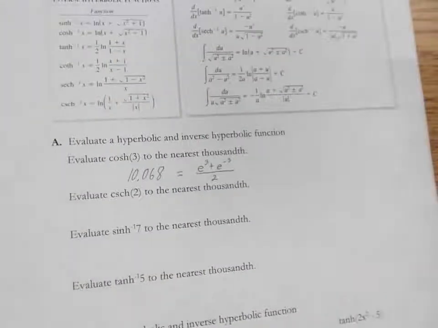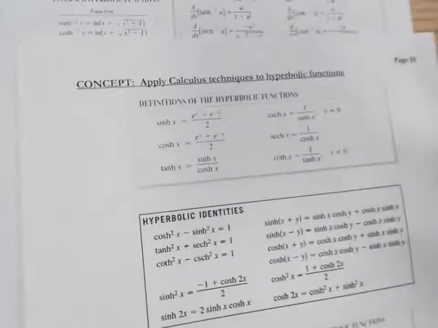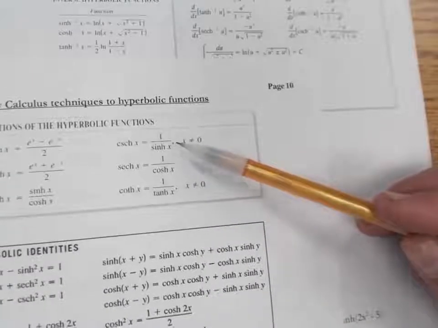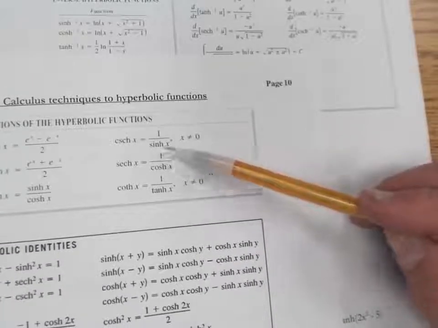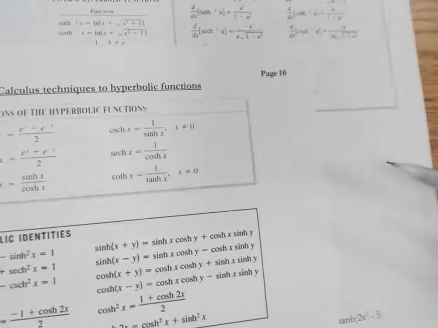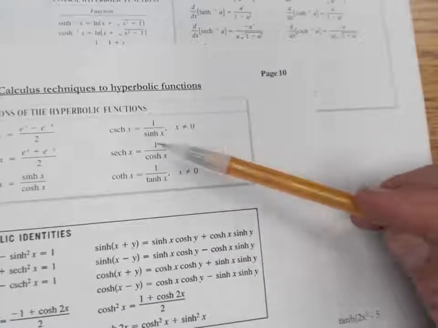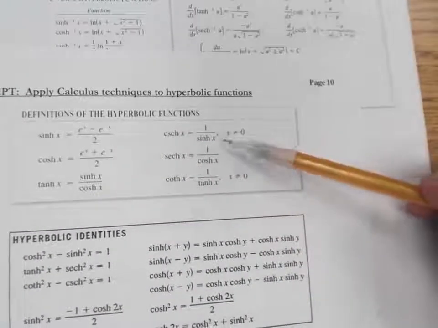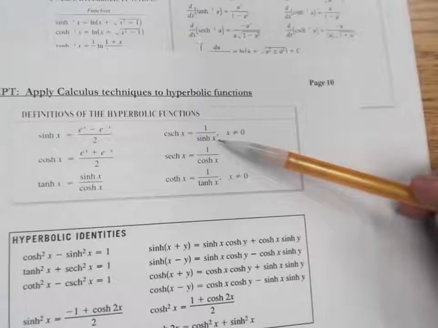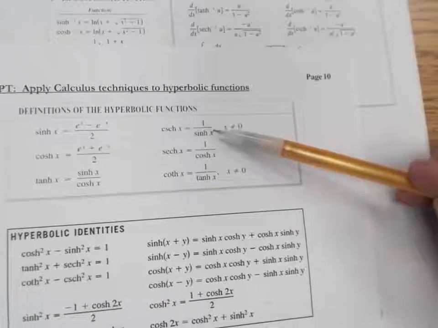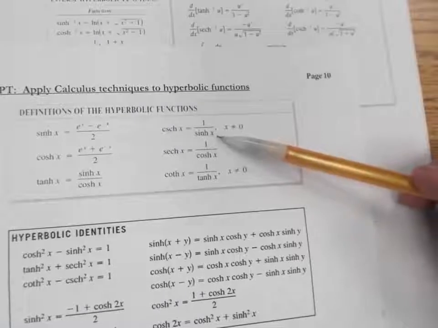But I have a formula. And the formula I have is right over here. It's 1 over the hyperbolic sine of 2. If I have a hyperbolic cosine function, I'm guaranteed to have a hyperbolic sine function. So I could put this in my calculator by doing 1 over hyperbolic sine of 2.